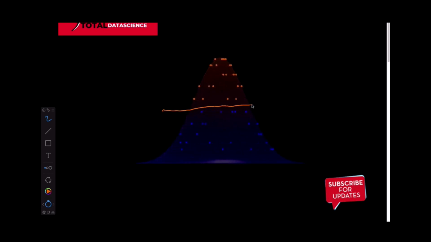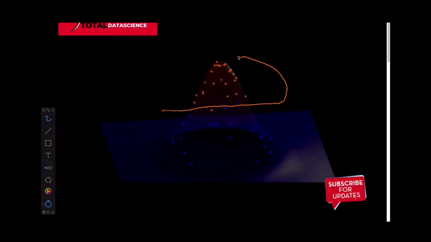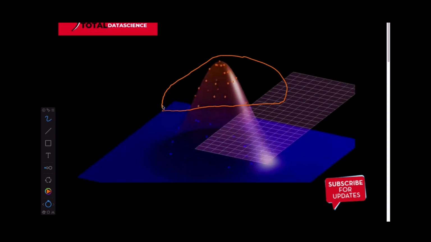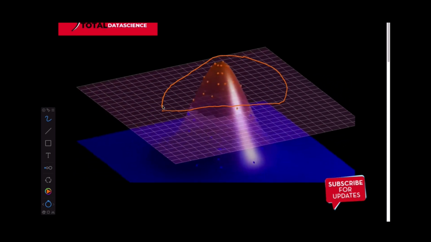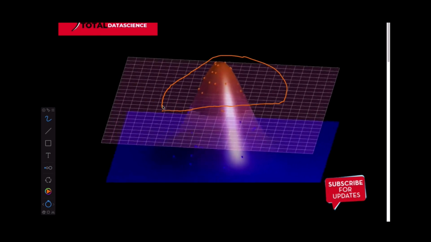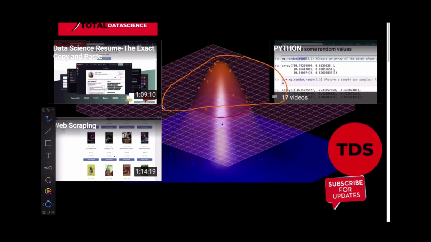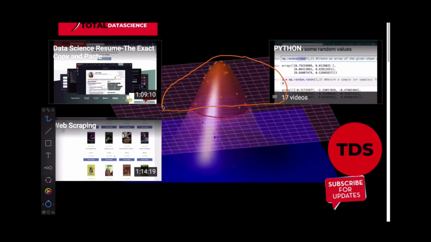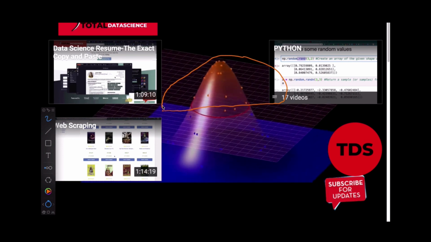Now we can draw a line over here to separate the blue points. You see how the hyperplane is being drawn to cut this, and we're able to separate the yellow points from the blue points.